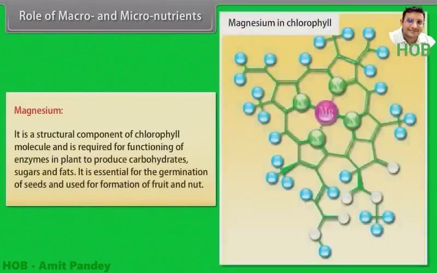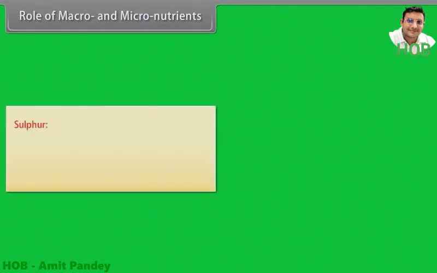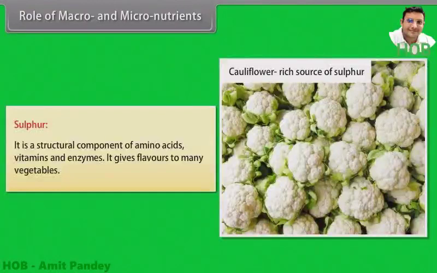It is a structural component of the chlorophyll molecule and is required for functioning of enzymes in plants to produce carbohydrates, sugars and fats. It is essential for the germination of seeds and is used in the formation of fruits and nuts. Sulfur. It is a structural component of amino acids, vitamins and enzymes. It gives flavors to many vegetables.